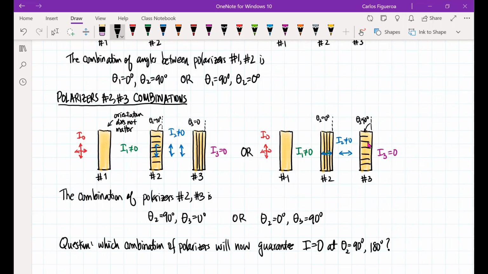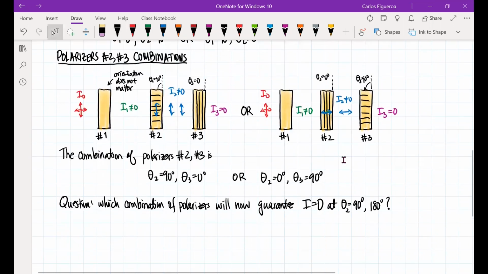So I need that combination. So here's what I have to do here. So there's two choices.